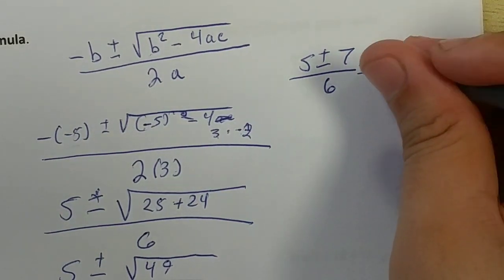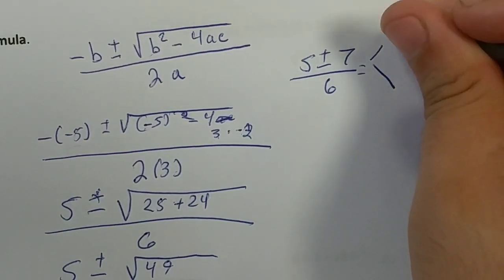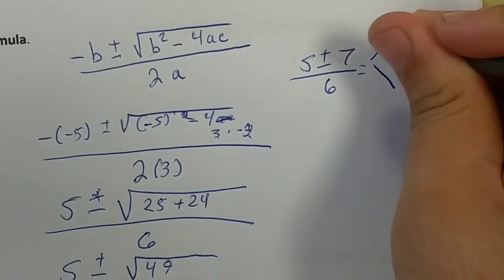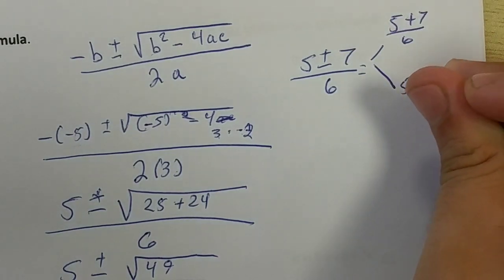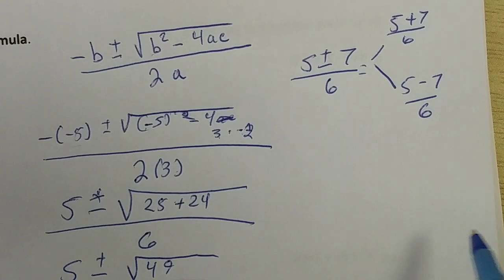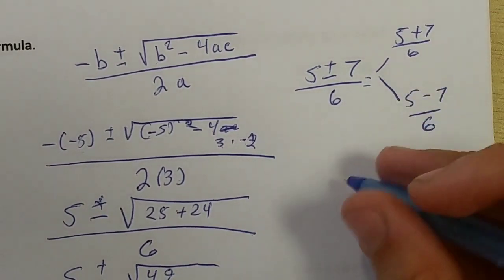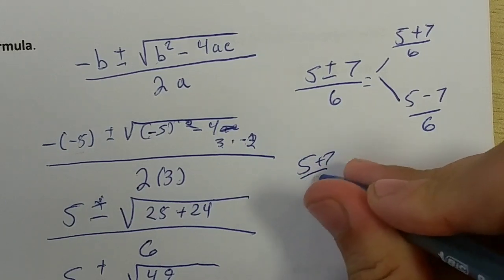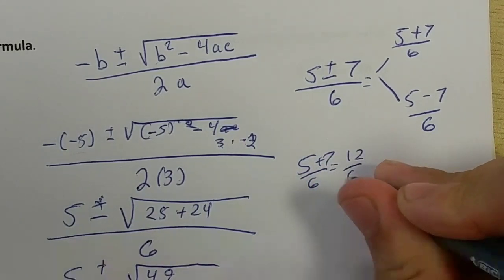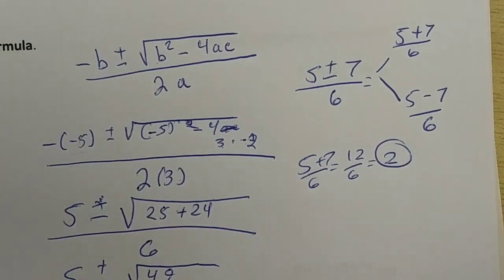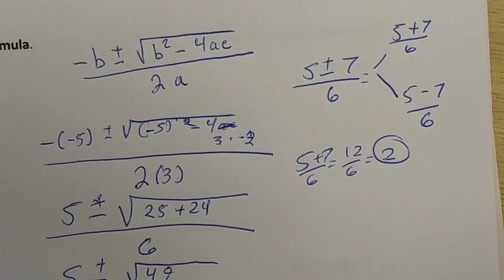Set that equal to two separate things. 5 plus 7 over 6 and 5 minus 7 over 6. Let's do this one. 5 plus 7 over 6 is the same thing as 12 over 6, which is 2. So one of your answers is 2.